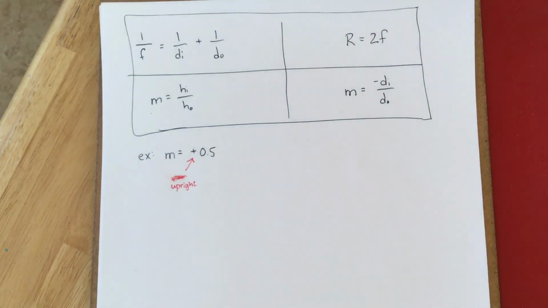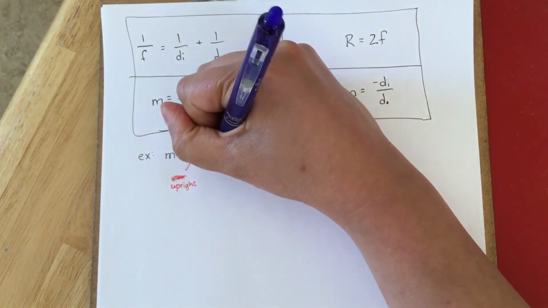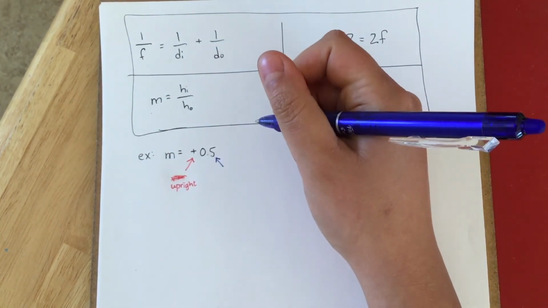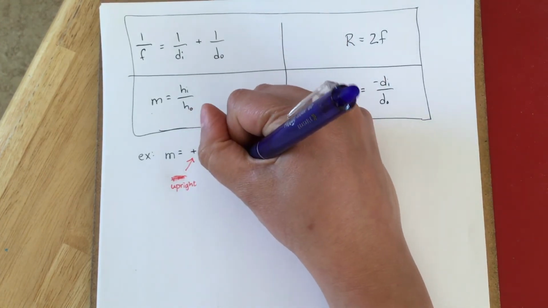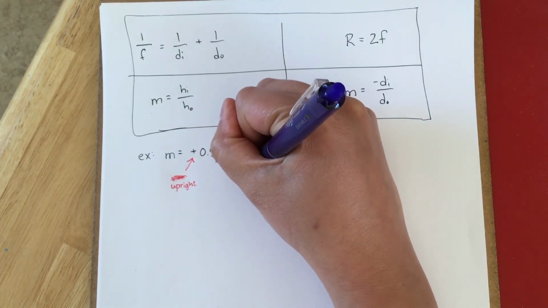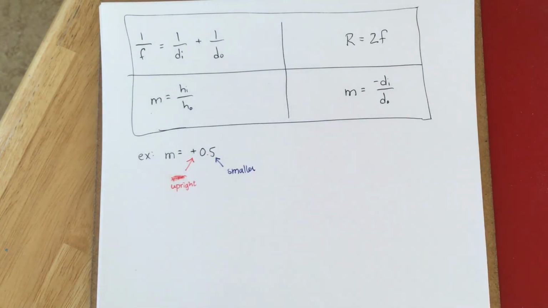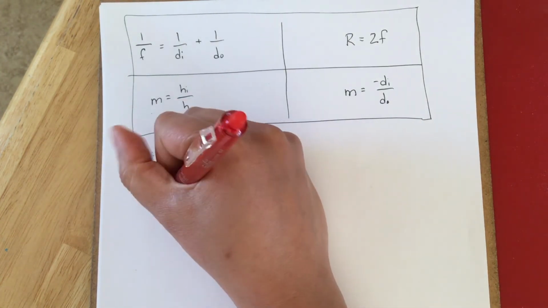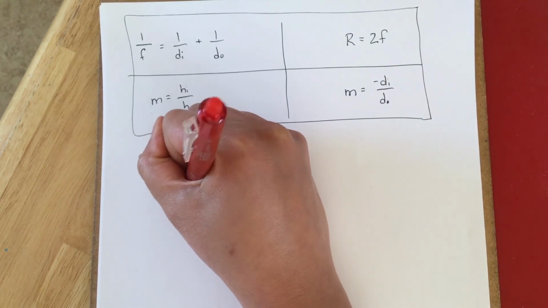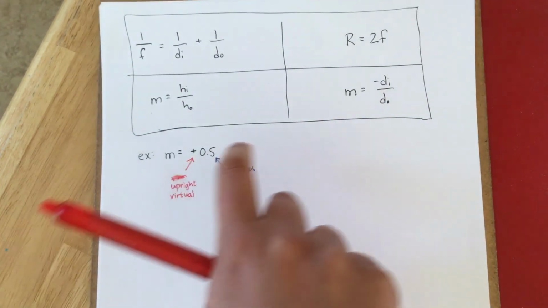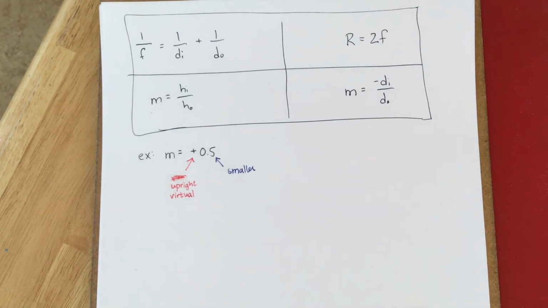But the number itself tells you the size. So this is telling me that my image is half the size of my object. It is smaller. And hey guys, since it's upright, that automatically means virtual. This is a virtual, upright, smaller image, and I don't even have to draw any pesky ray diagrams or memorize anything.